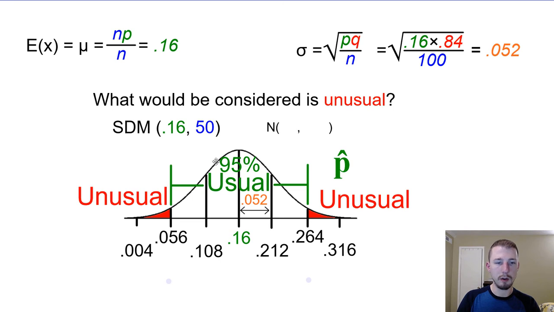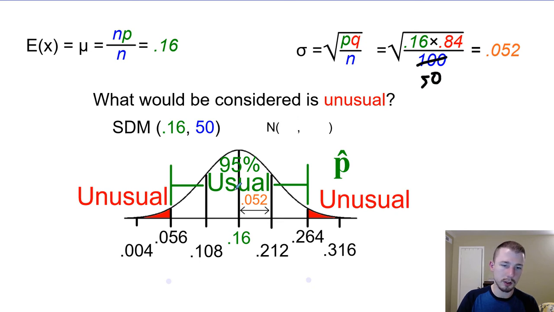All right. Now, the sampling distribution model, if we write SDM, which stands for sampling distribution model, with parameters of the true proportion of 16% and the sample size of 50. I guess we were doing 100. I don't remember. I think this is actually 50. Yeah, I need to change that. It should actually say 50.